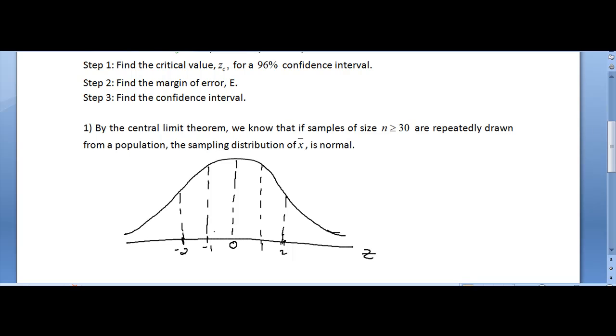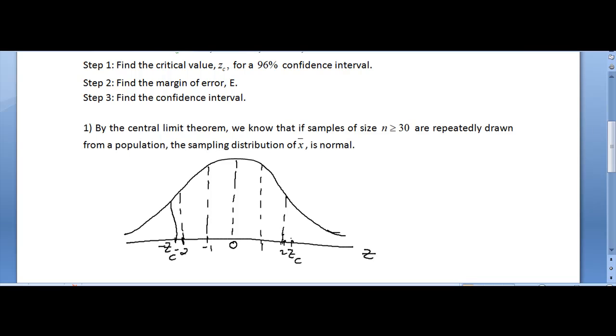Now, what do we mean by 96% confidence level? So 96% refers to the area between minus ZC and plus ZC, the critical values that we are just about to find.